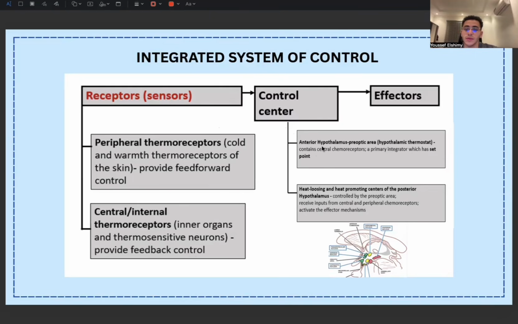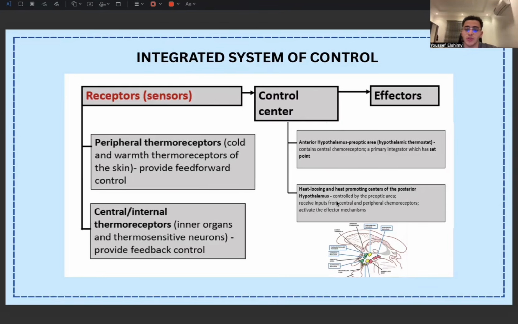The anterior hypothalamus is the area that contains the central chemoreceptors as well as the thermoreceptors, and it is basically the primary integrator, which has the set point. So it decides, I want the temperature to be 37.5, for example, or I want the temperature to be 38. So the anterior hypothalamus is where the thermostat is and where the set point gets decided.